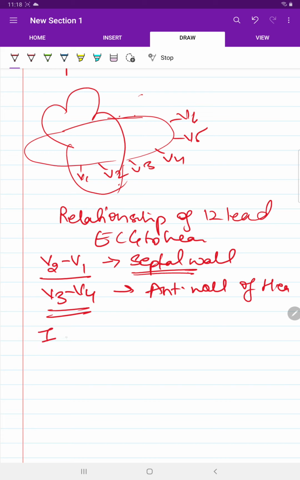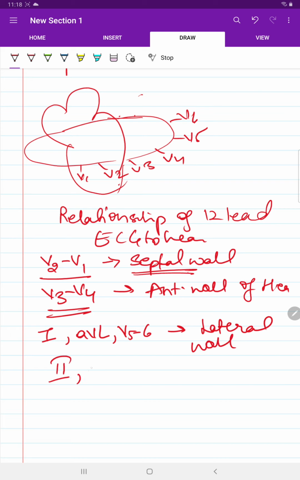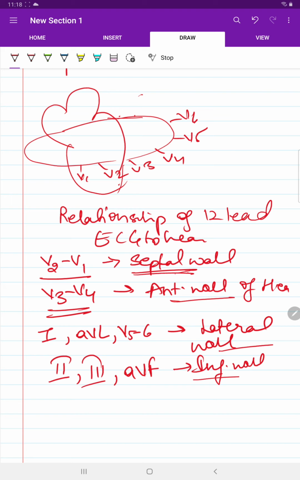Am I clear to you? Lead first, AVL and V5, V6 are related to the lateral wall of the heart. Lead second, lead 3 and AVF are related to the inferior wall. So many times we have heard there is inferior wall MI, lateral wall MI, anterior wall MI, septal wall MI.